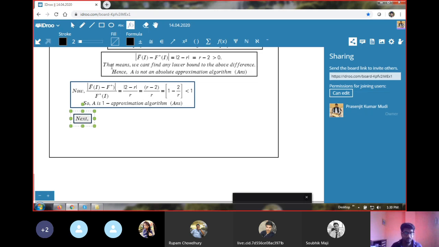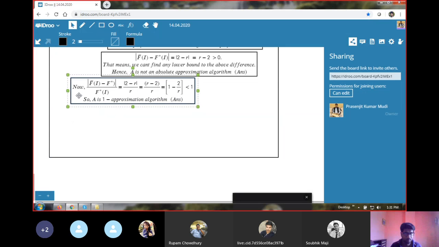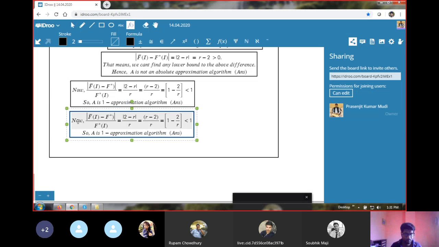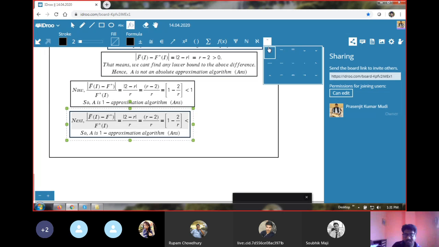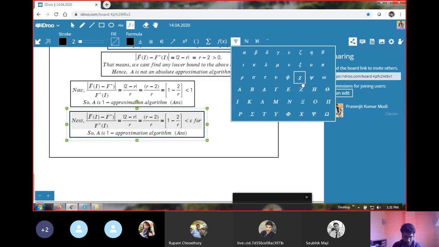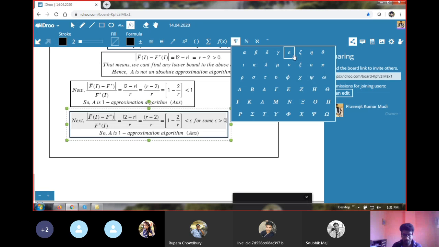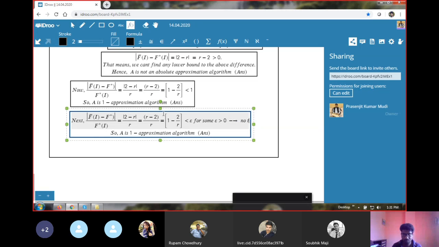Next, we check that 1 minus 2 by r is less than 1, fine, but can we say that it is less than epsilon for some epsilon greater than 0? That can't always be true.